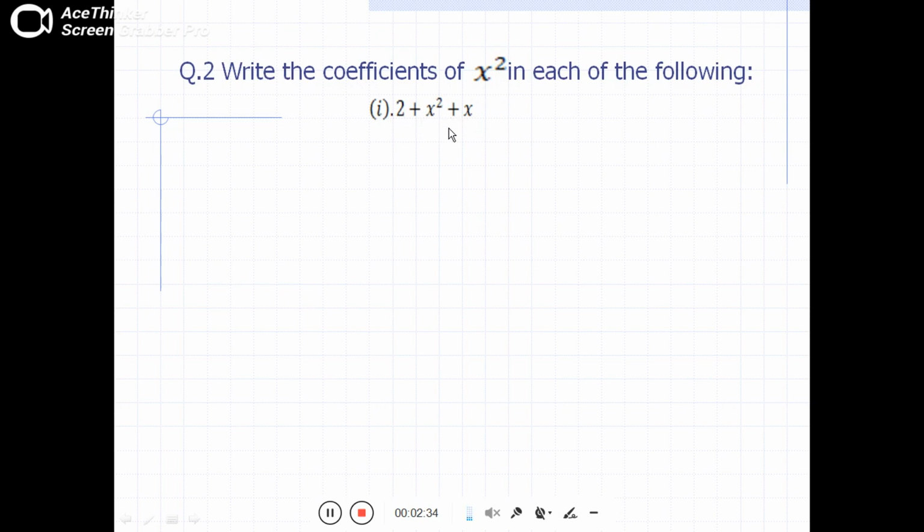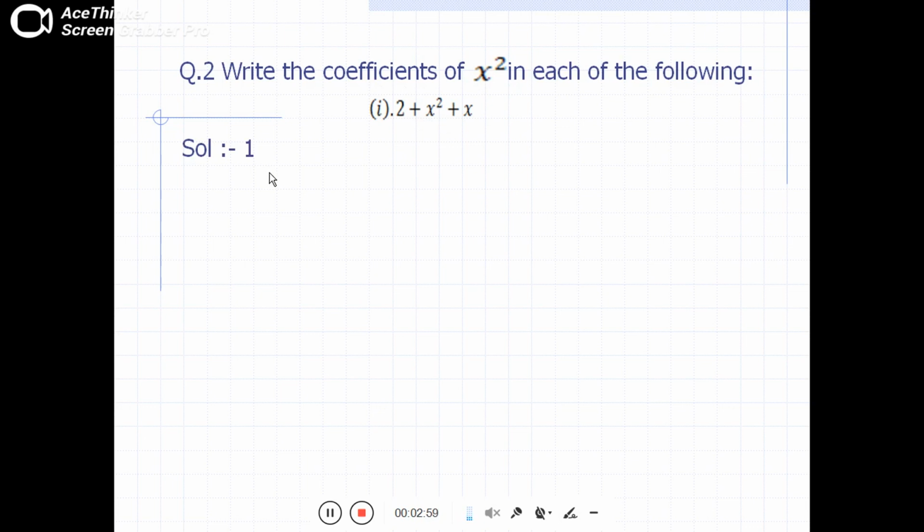Which one is the x square term? This middle term. Now we find the coefficient, meaning the constant number which is multiplied with it. Here it is only x square, so the number multiplied with x square is 1. Therefore the coefficient of x square in this polynomial is 1.